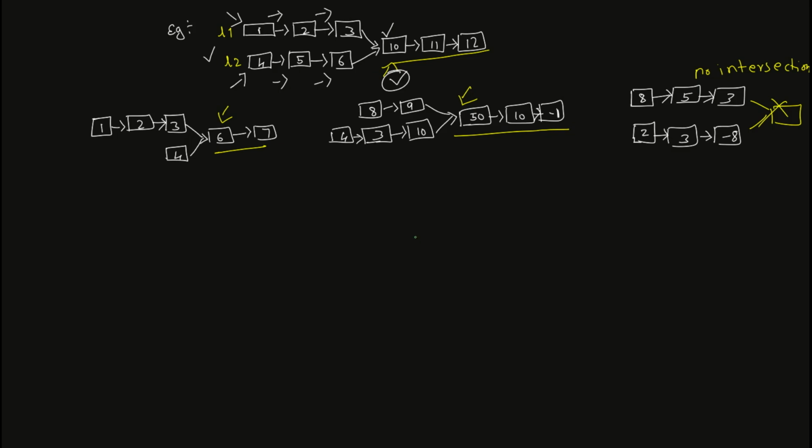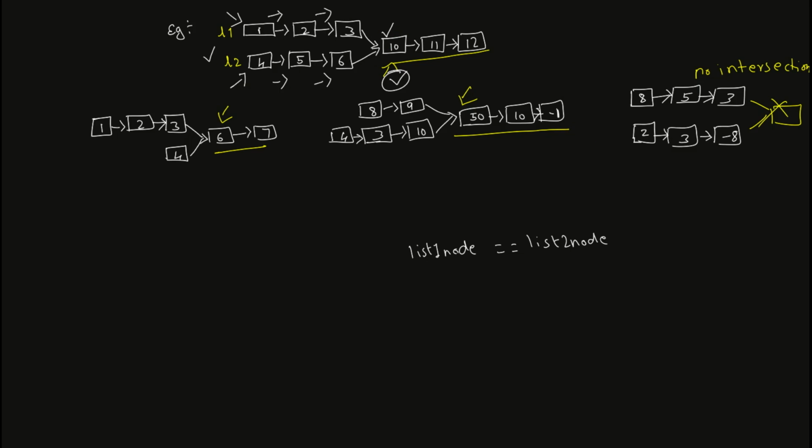Let's write this condition. List 1 node double equals to list 2 node. That means that we found the intersection point. So we need to iterate until the intersection point is found.